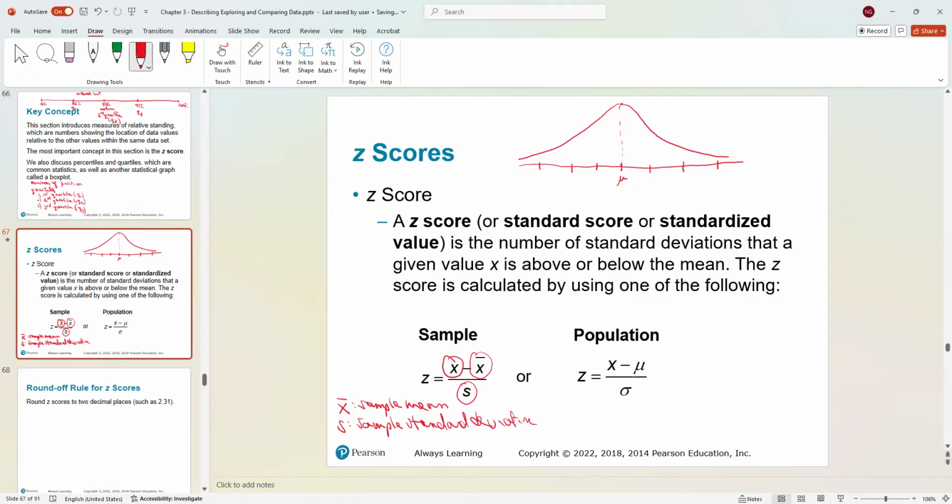In the same way here, mu is the population mean, and sigma, the lowercase Greek letter sigma, is the population standard deviation.